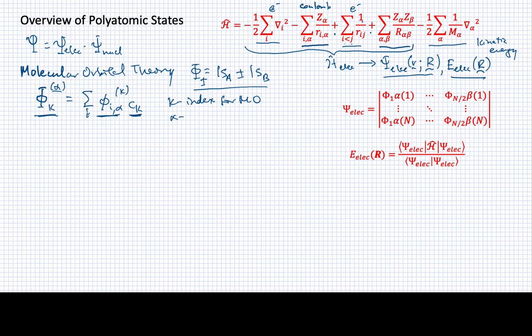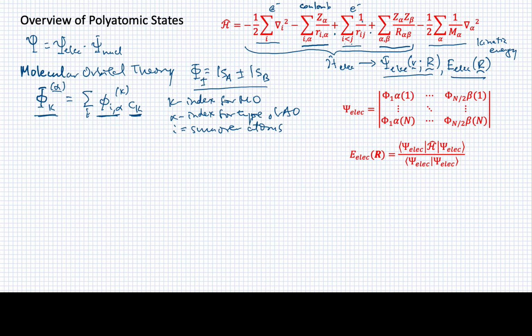Alpha is an index for the type of atomic orbital that we're doing. And I is a sum over the atoms. All right, so we're going to sum these things over all of the atoms, presumably, to create a different molecular orbital.